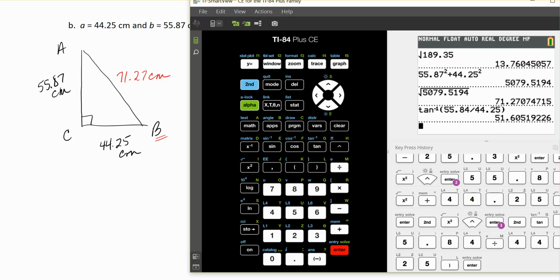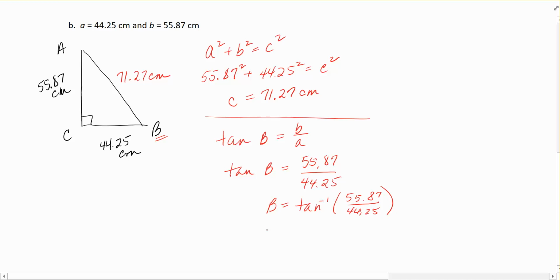And that angle measurement is coming back to me as 51.6 degrees. Now, unless I was told in the problem to give it back in degrees, minutes, and seconds, it's sufficient for us to just return it as the decimal value of 51.6 degrees.